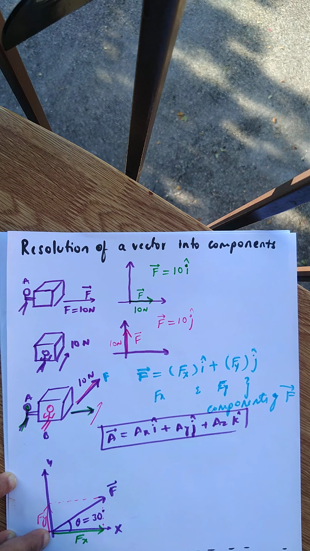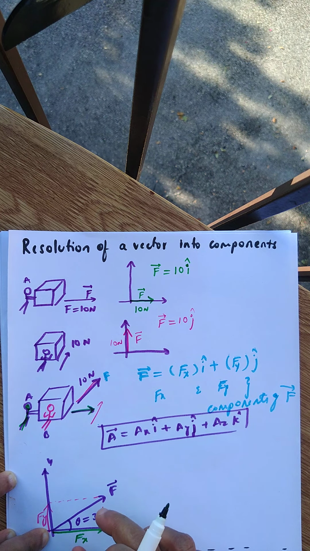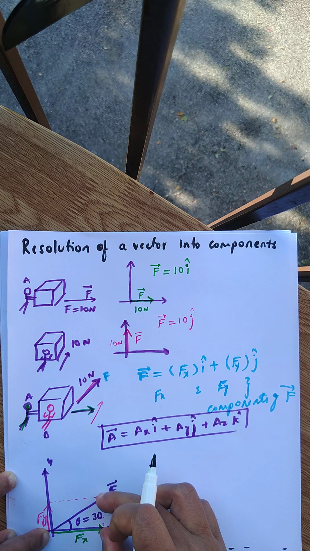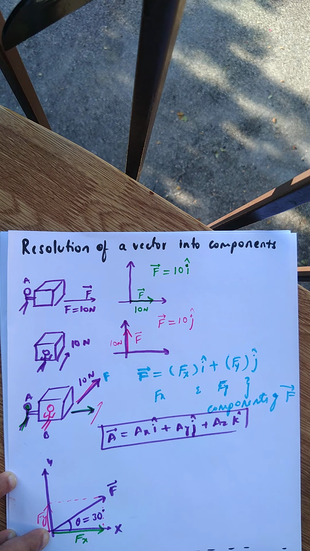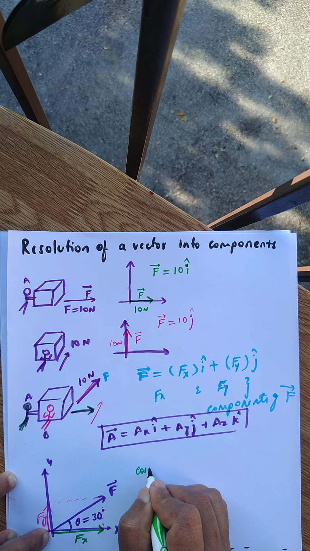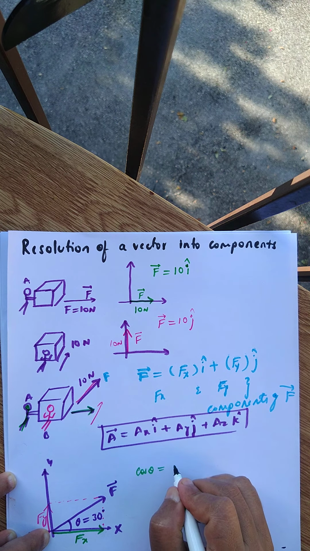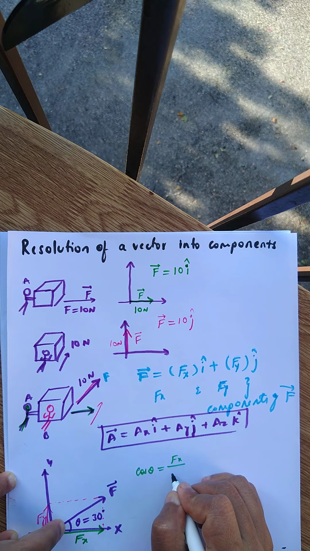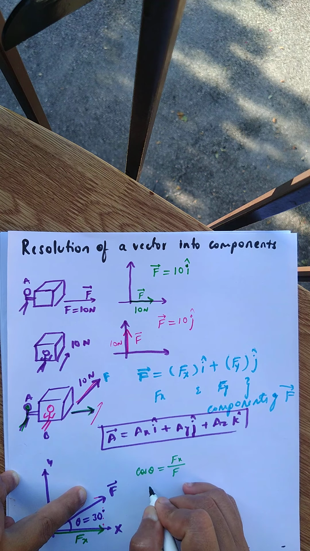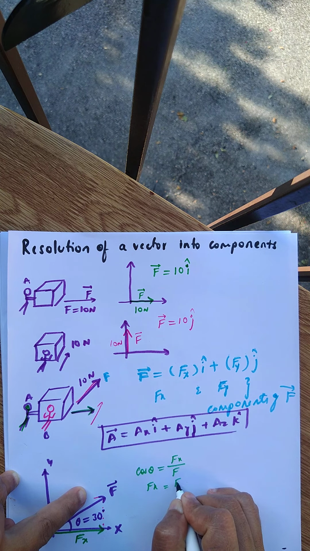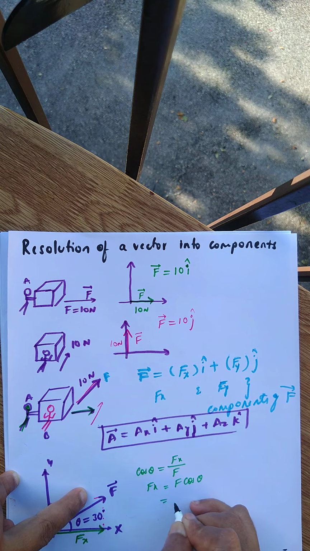So to calculate this, this is the adjacent side of the right angle triangle here. Therefore, to calculate Fx, I can take the cos function. Cos theta equals adjacent Fx by hypotenuse F. So Fx equals F into cos theta.